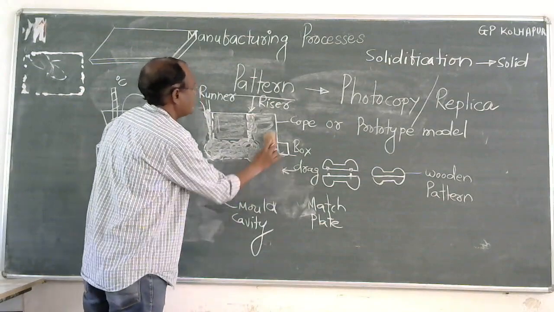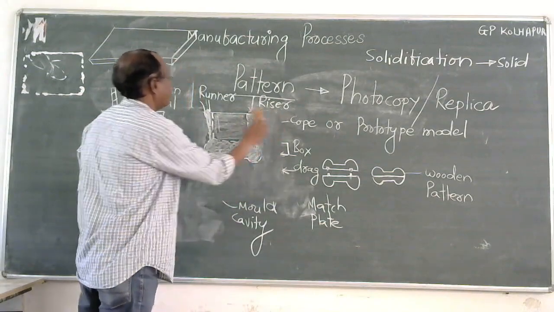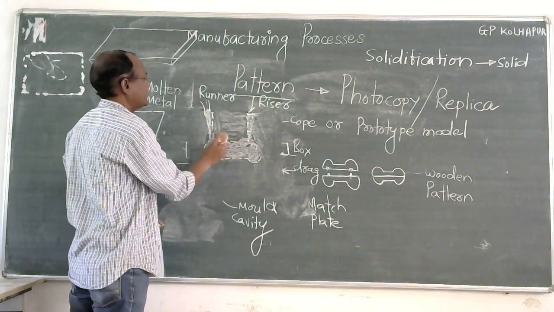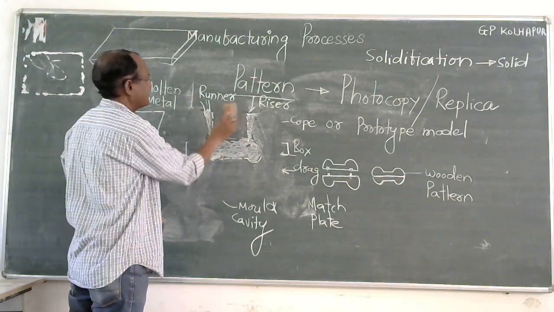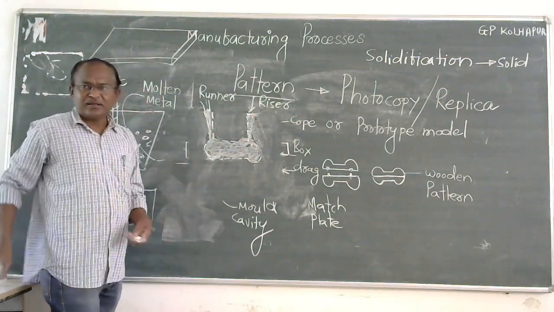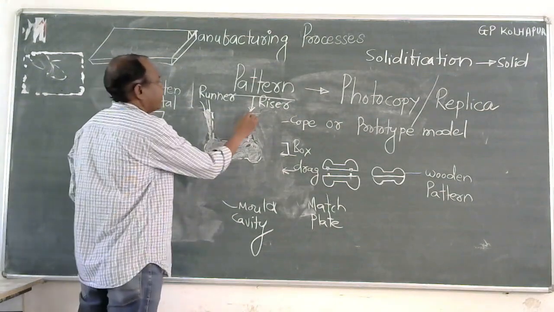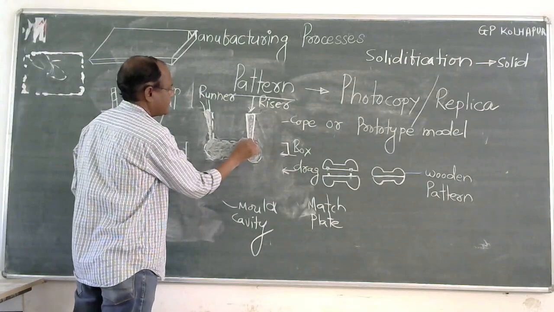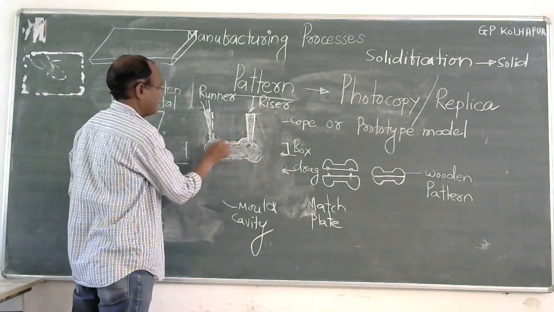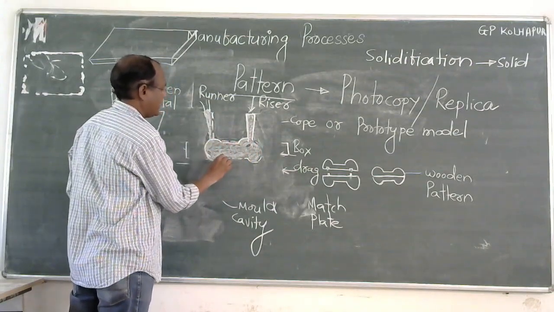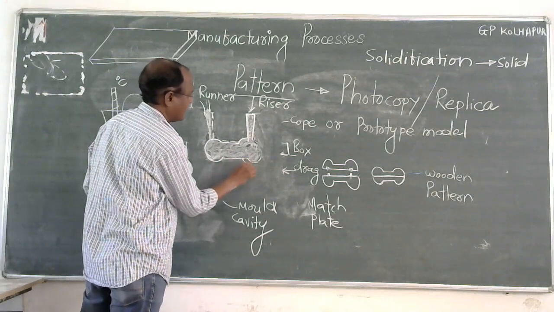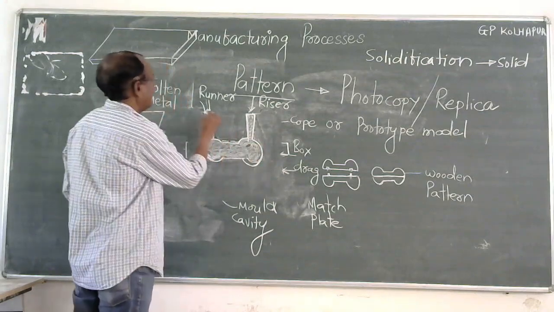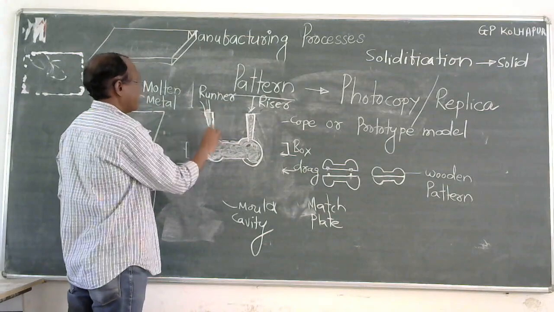So remove this cope and drag box and destroy the sand by hammer. Easily, the sand is destroyed, and at the last we will have this particular solid part. And this is the riser.